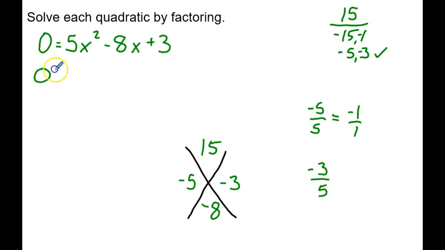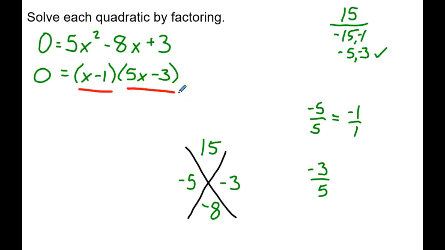So now we put those in factored form. I know I'm going to have an x minus 1 for one of my factors, and then I'm going to have a 5x minus 3 for the other factor. Again, we could use the FOIL method to quickly check and make sure that we factored this correctly. So now we use that zero product property again.